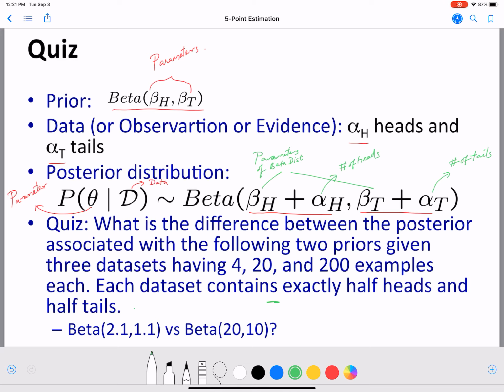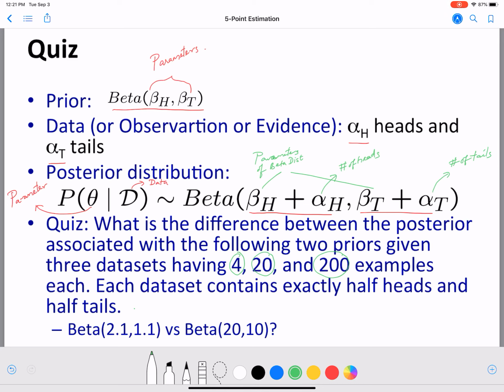Okay, now for our example in hand, we have data sets with 4, 20, and 200 examples.